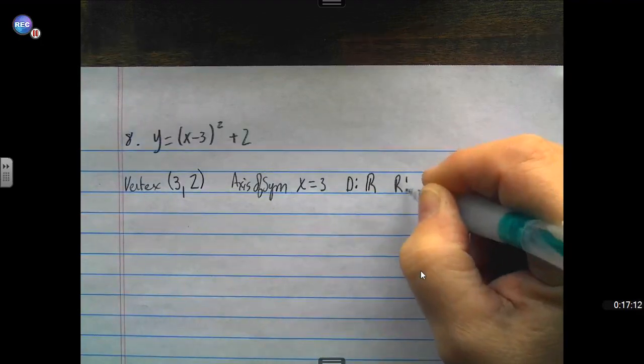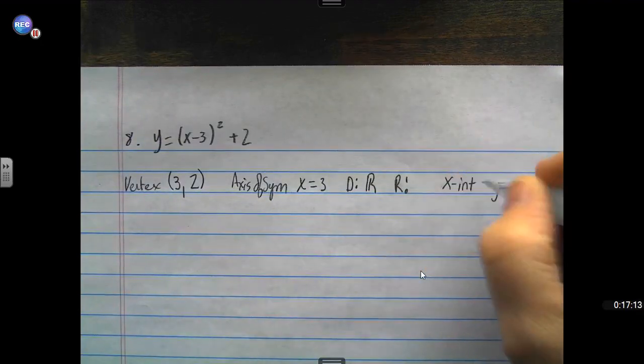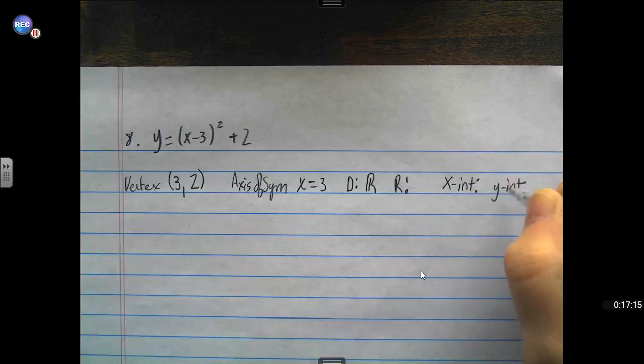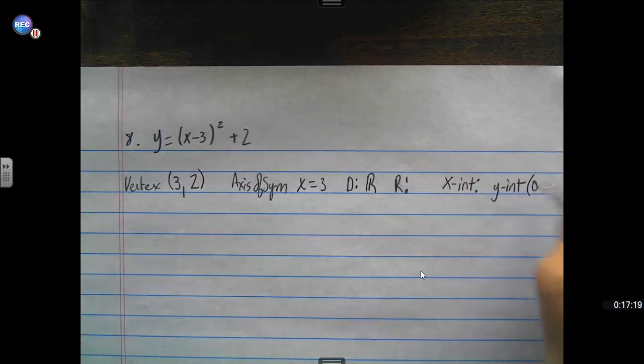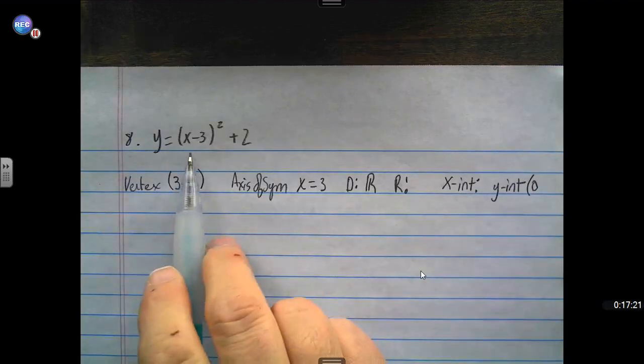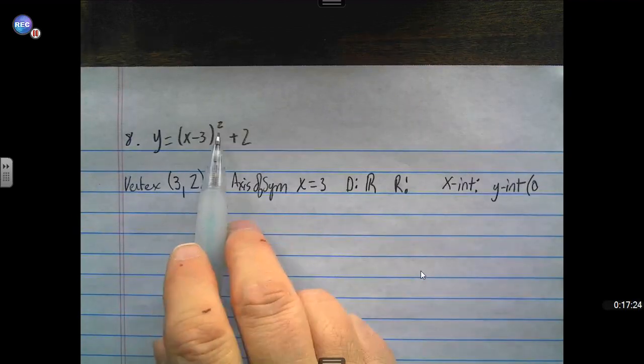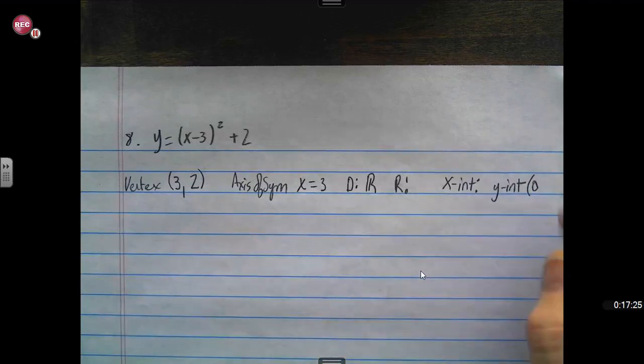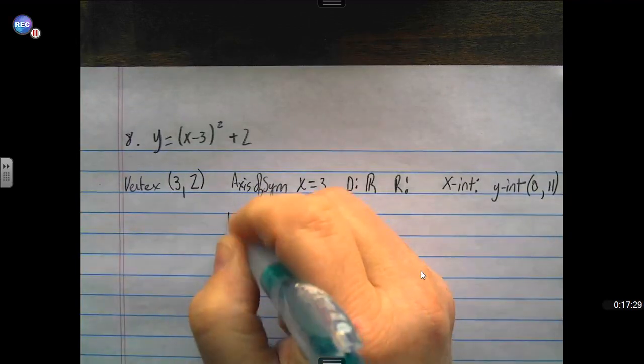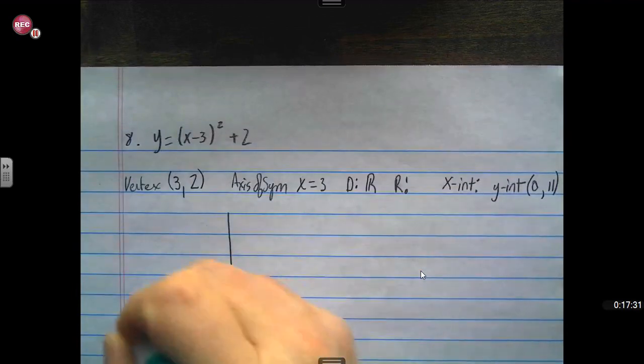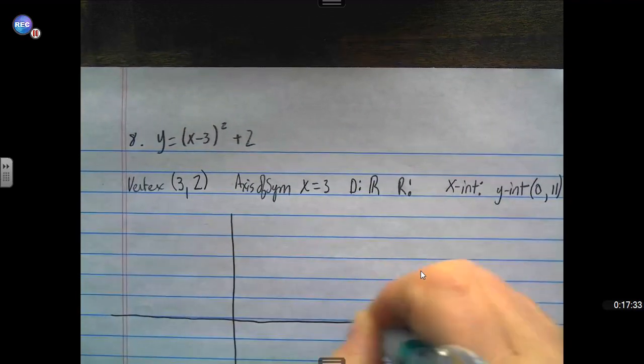The range we'll look at, we'll determine that, and we'll plug in 0 for x. If I plug in 0 for x, I get -3 squared is 9, plus 2 would be 11. Okay, and then we go about graphing this thing.